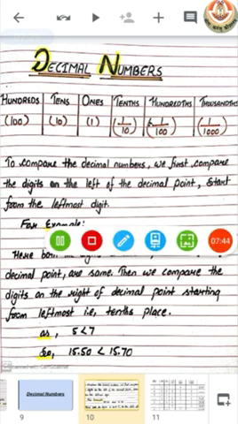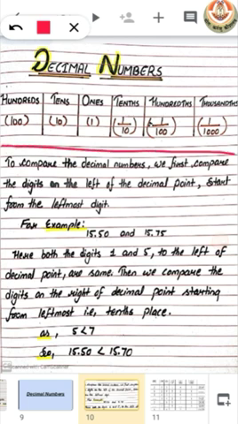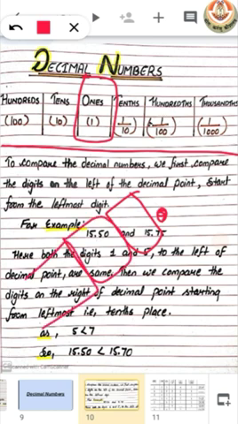Here you can see that there is a place value chart. We all know that the first number just before the decimal is our ones place. Then we have tens, then 100, and then 1000, 10,000 and so on.